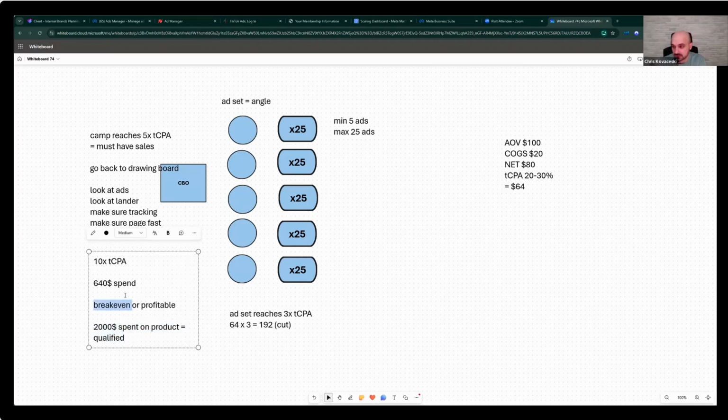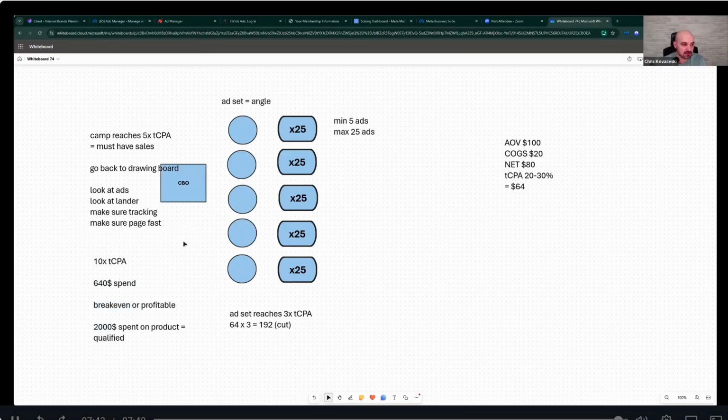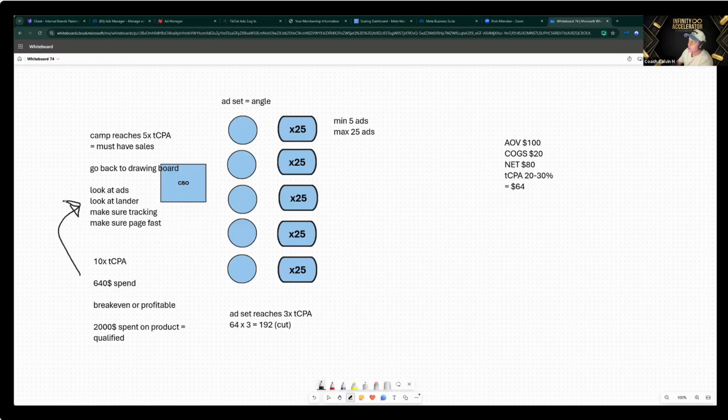If you're break even, right? If you break even at 640, you keep running. If you're profitable, you keep running. If you're losing money, then move on, right? If we hit the $2,000 spent and we're still break even, I'd go back and again look at these things, see what you can improve.